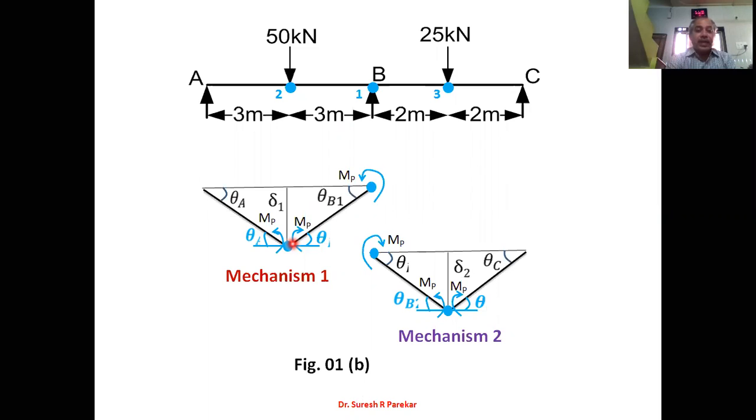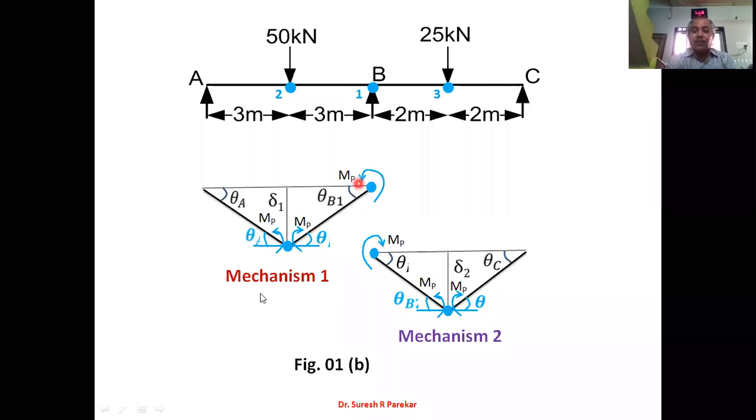Therefore we have taken hinges at the center. So theta A equals theta B1 because the load is at center. Here also theta B2 equals theta C because again that is at center. So now we have MP theta A, MP theta B1, MP theta B1.